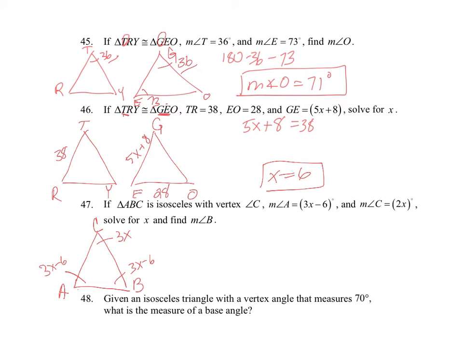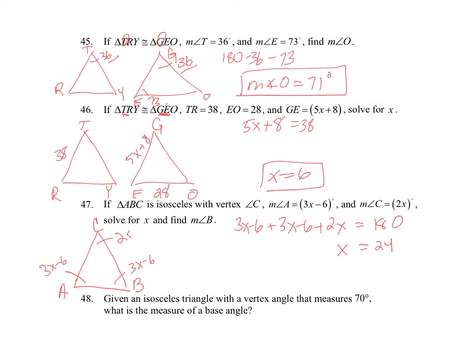I could then say that if I add up all those interior angles, two of them are 3x minus 6, and then plus 2x. I'll make sure that I wrote that correctly there, 2x, that will equal 180 for triangle sum. And then that's going to give me, when I solve, that x is 24.